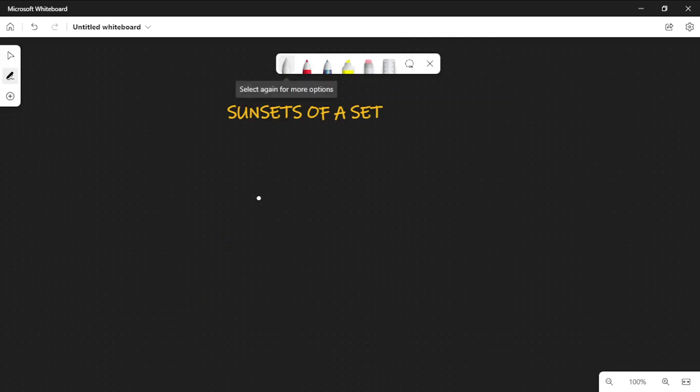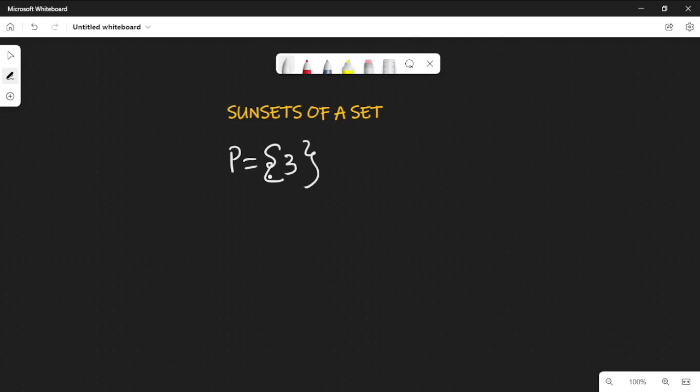All right, so let us look for a way of finding the number of subsets that we have in a particular set. This is also referred to as the power of a set. When somebody asks you to look for the number of subsets in a particular set, it simply means they are asking you to find the power of that set. Now let's take for instance that I have P as a set and it is equal to the set of 3.